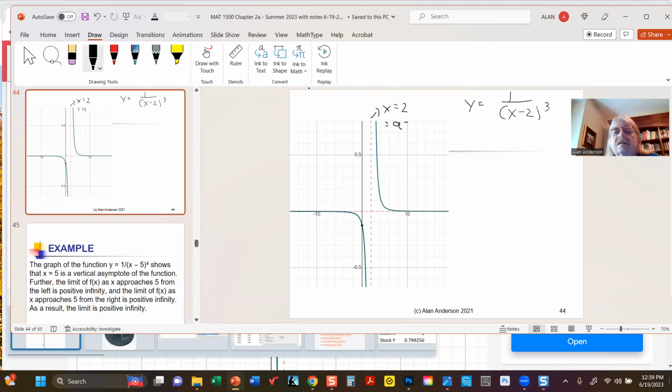But if I try to approach 2 from the left, you notice the function is getting smaller. So what ends up happening is that this limit is negative infinity. But if I'm coming from the right, the function is getting larger.